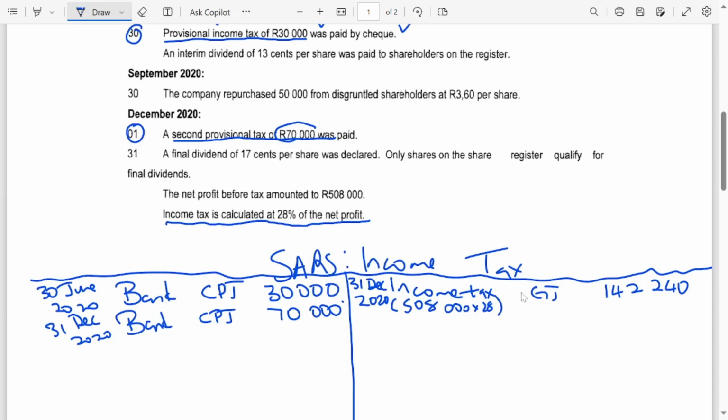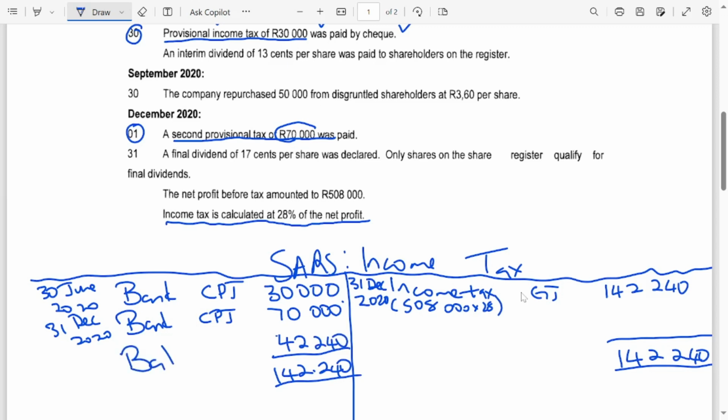So here we can see that the bigger side is the credit side, which is 142,240. So the difference here is 42,240. So this is a balance credit down, which must be transferred to the opposite side at the beginning of the following month.